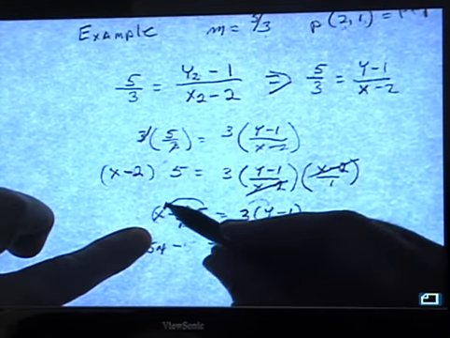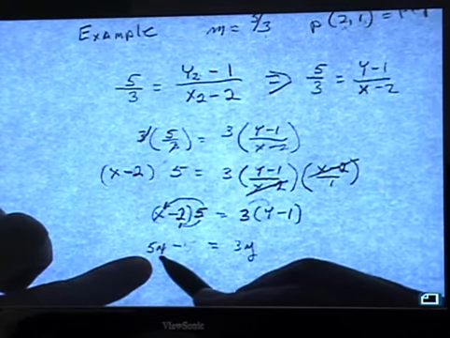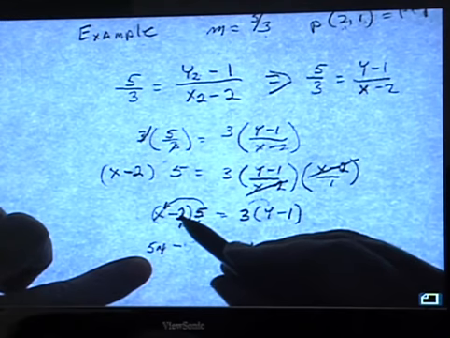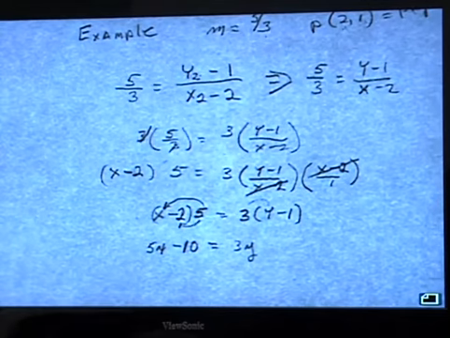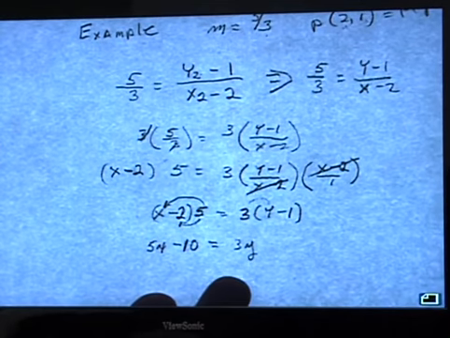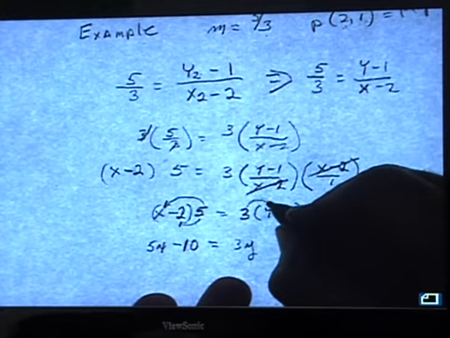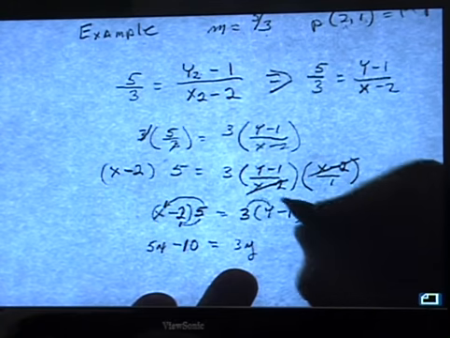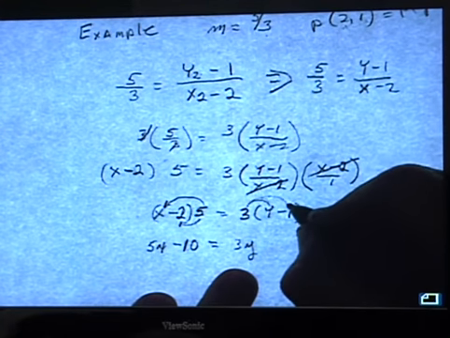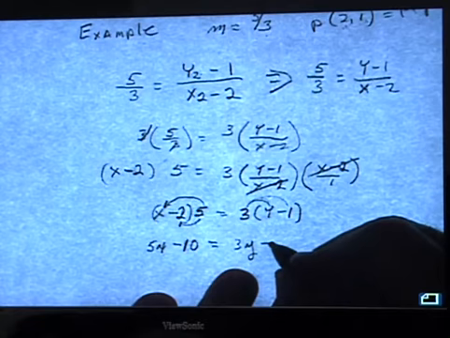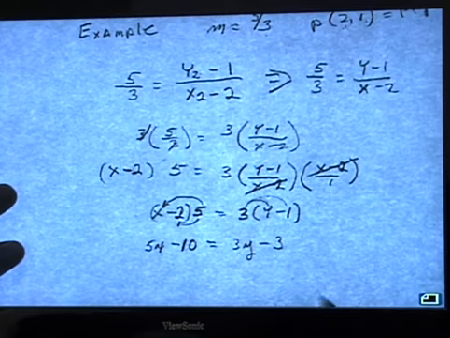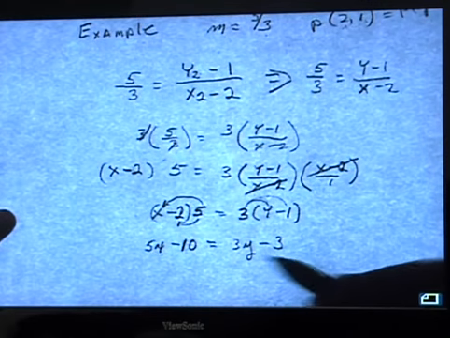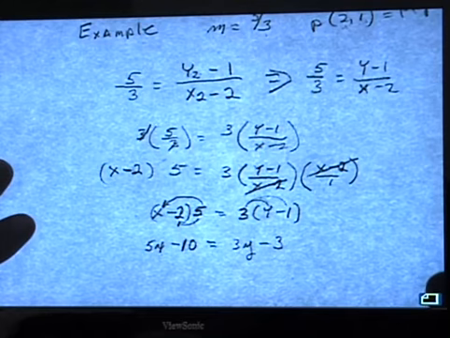So we multiply 5 times x and we get 5x. We multiply a minus 2 times 5 and we get a minus 10. Then we multiply 3 times y, we get 3y, and we multiply 3 times a minus 1, we get a minus 3. Now, we need to get y by itself, because we're going to solve this for y.